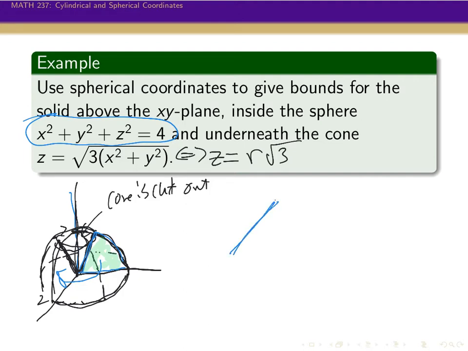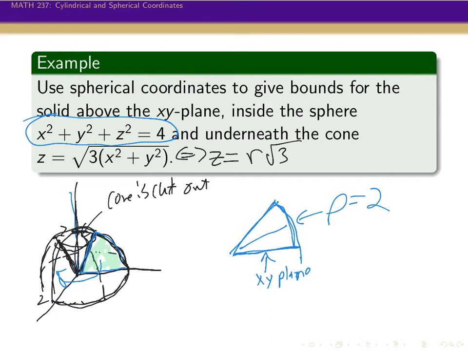Well, this slice is looking like this, where this side is on the XY plane. This is the outside of the sphere, and the sphere is radius 2, and so this right here in terms of spherical coordinates is rho equals 2.